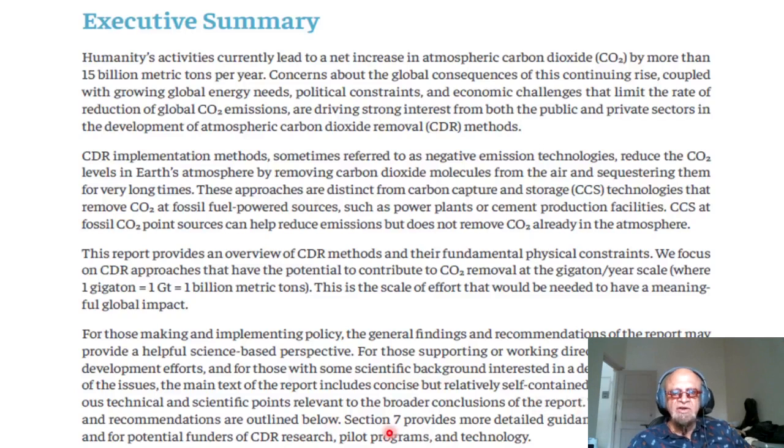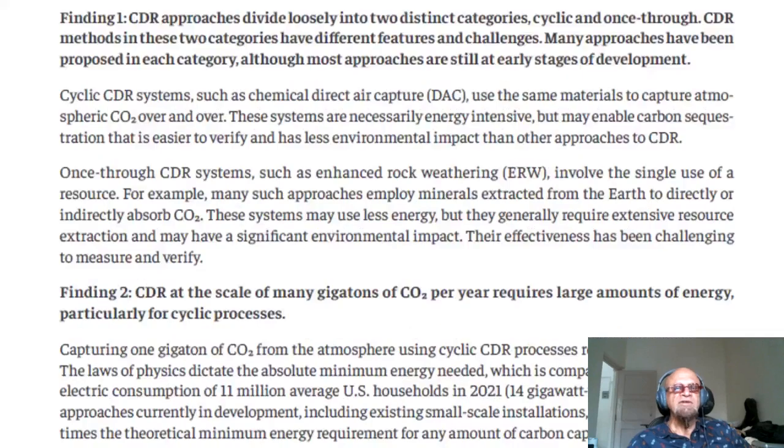The main text of the report includes concise but relatively self-contained descriptions of various technical and scientific points relevant to the broader conclusions of the report. The central findings and recommendations are outlined here. We will look at Section 7 in the end, which provides more detailed guidance for policymaking and for potential funders of CDR research, pilot programs and technology, that we will read through.